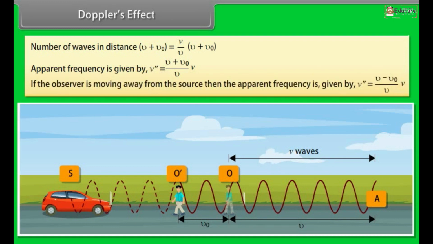If the observer is moving away from the source, then the apparent frequency is given by nu double dash is equal to v minus v0 upon v multiplied by nu. Case 3.